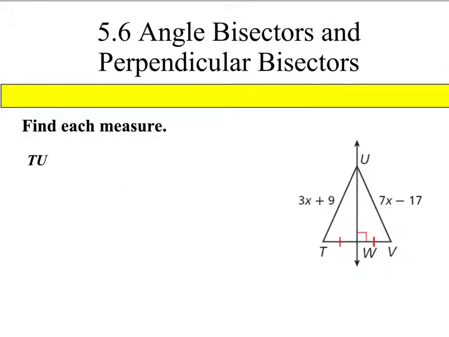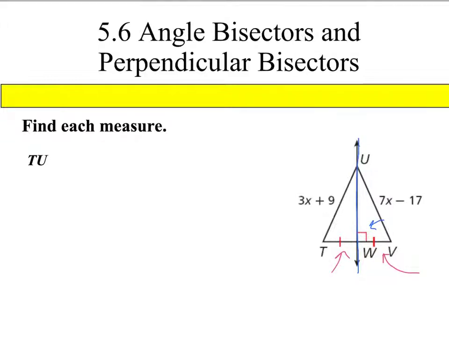Find the measure of TU using the information that you know. I want you to figure out what TU is. Find TU. Pause now. Okay, so again, the information that we are given: we know that UW is a perpendicular line going down because of the 90-degree angle, but notice these segment marks.